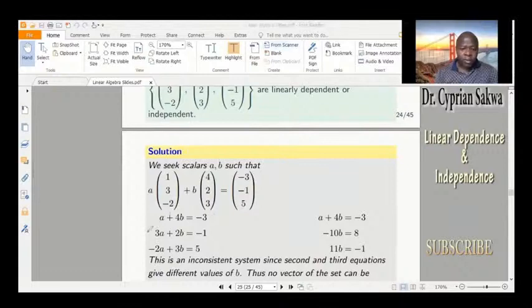So reducing to echelon form, I want a 0 in this position and a 0 in this other position. So my new row 2 will be obtained by getting the current row 2 minus 3 row 1. And then my new row 3 will be obtained by getting the current row 3 plus 2 row 1.